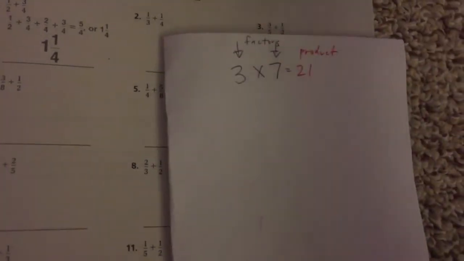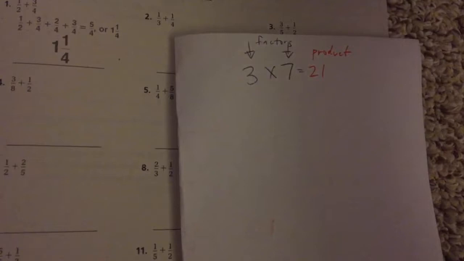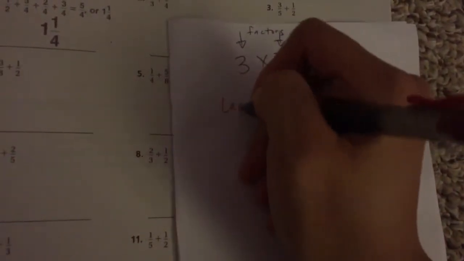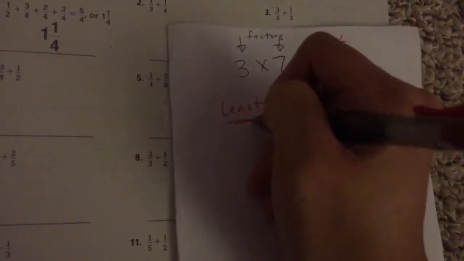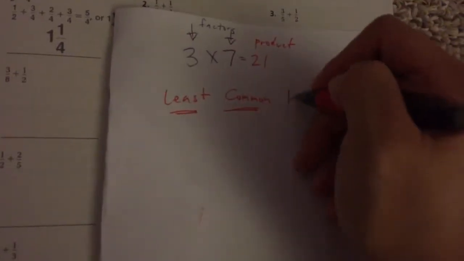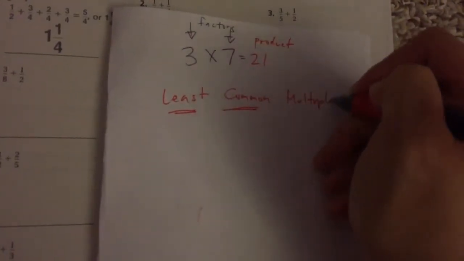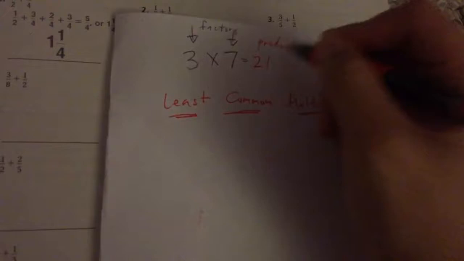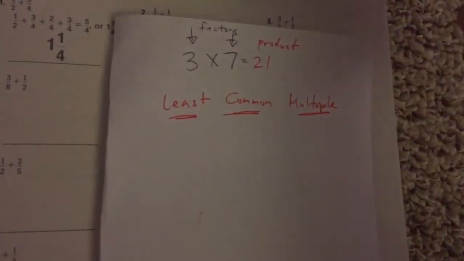Now in here, I'm going to be asking you to find your least common multiple. If you want to be able to find your least common multiple, let's break down what that word means. Least means your smallest. Common means the same. And multiple is going to be the product of certain answers.